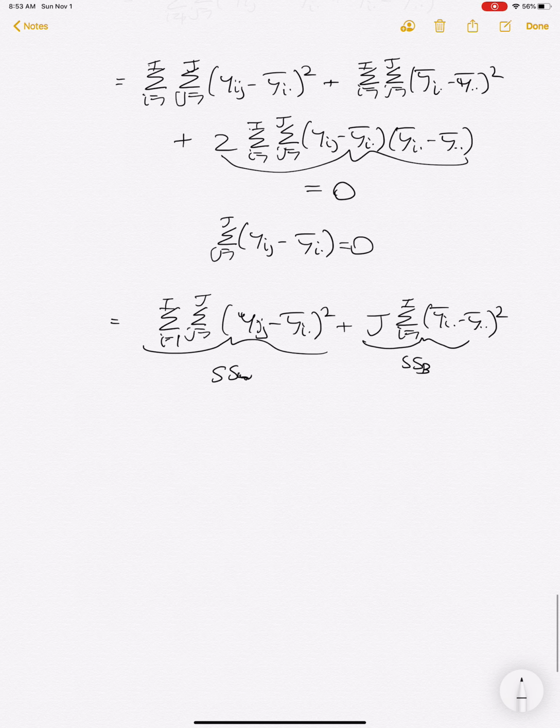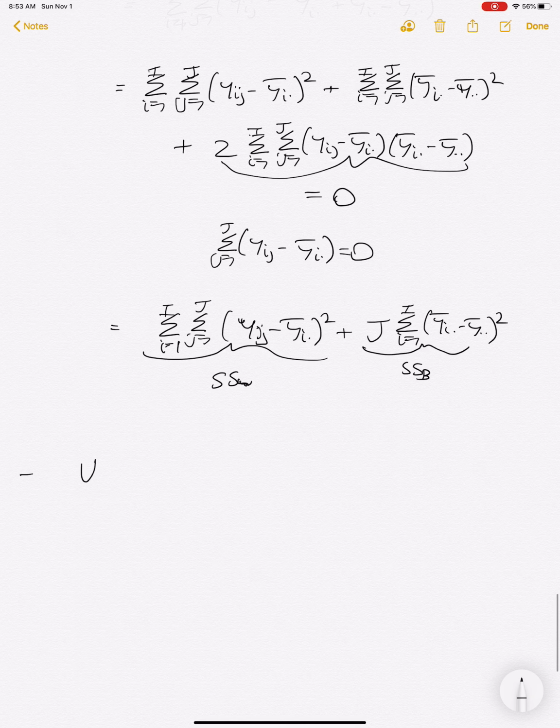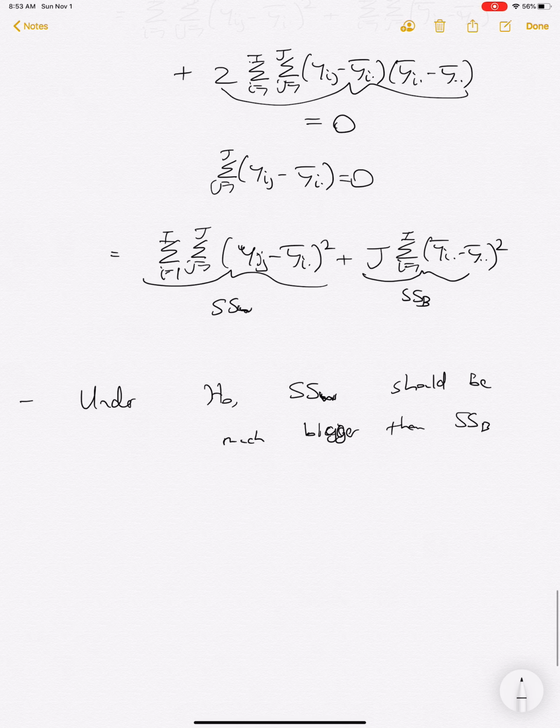The intuitive idea here is that under H naught, sum of squares within should be much bigger than sum of squares between.